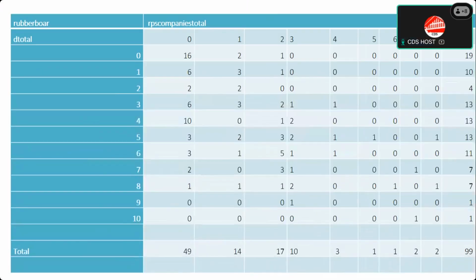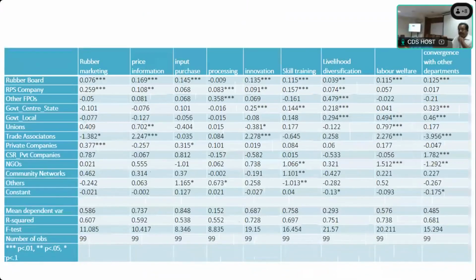If you look at this, it just shows each of the activities, what kind of networks they got involved with, and whether this network was significant in establishing particular outcomes of the RPSs, such as marketing, price information, input purchase, processing, innovation, skill training, livelihoods, and so on.